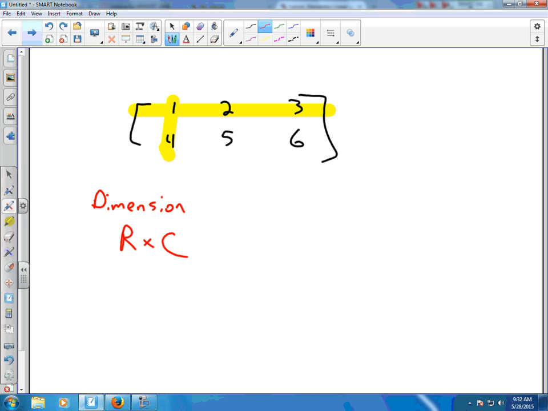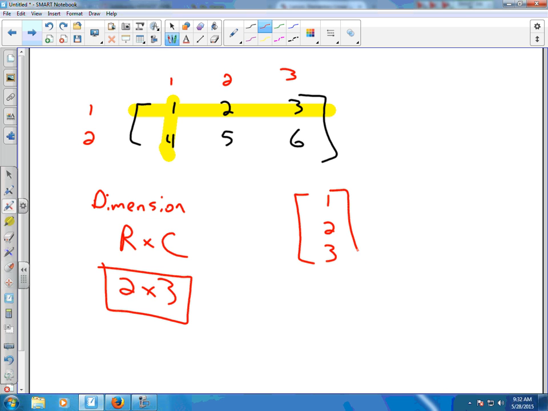So how many rows does this matrix have? It has 2 rows. How many columns? 3 columns. So that's a 2 by 3 matrix. For that matrix, row by column, that's 3 rows.